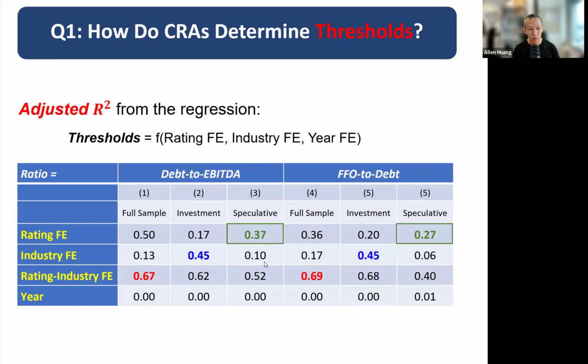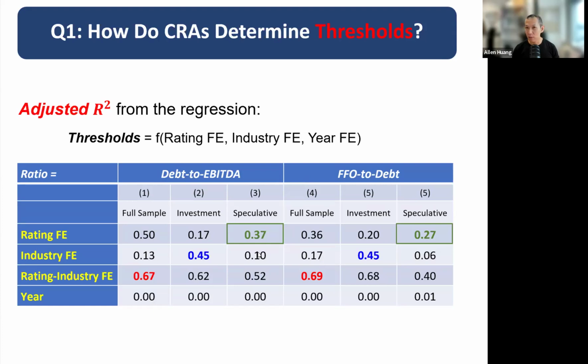A couple of things that we notice here. First is that for the rating fixed effects, rating levels seem to play a larger role in explaining the thresholds for firms that receive more speculative credit ratings. That means that if you're investment grade, meaning that your credit rating is quite good, then your rating level doesn't really matter as much. For example, if you're AAA versus AA, it doesn't matter as much.